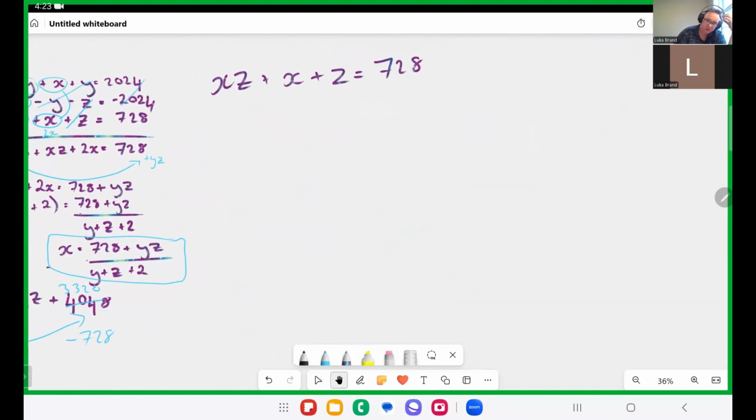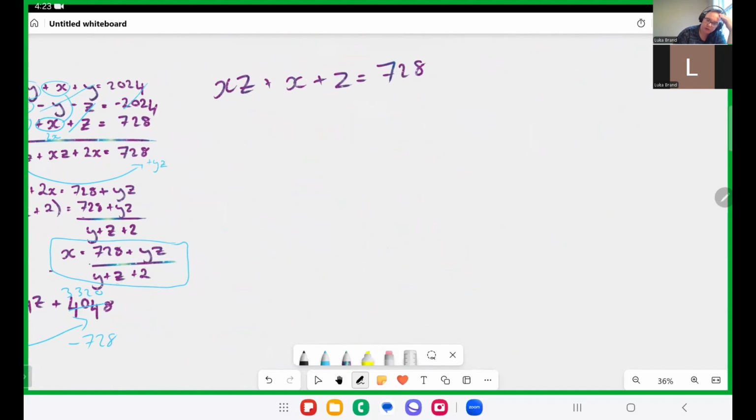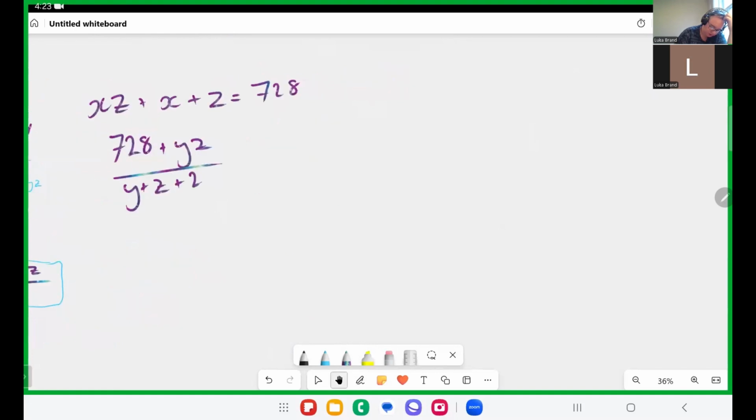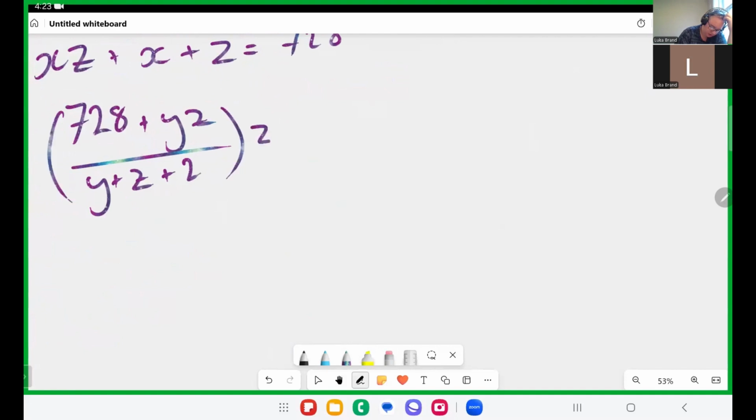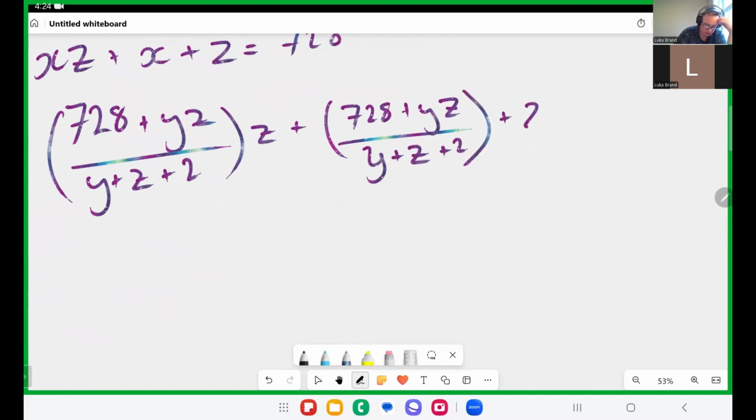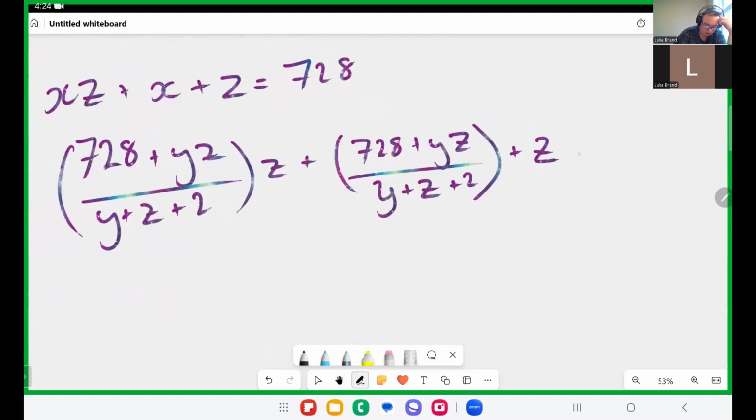Now what I'm going to do is substitute this value for x into each of my x's here. 728 plus yz over y plus z plus 2 times z plus 728 plus yz over y plus z plus 2 plus z equals 728.